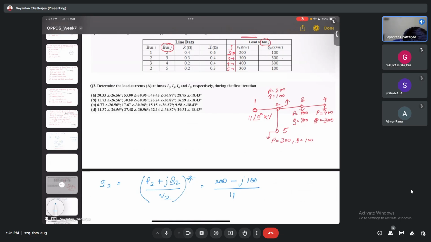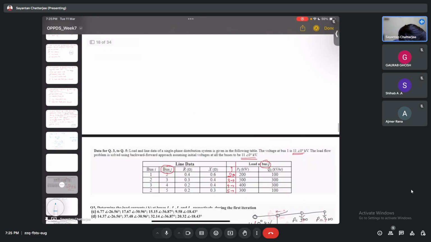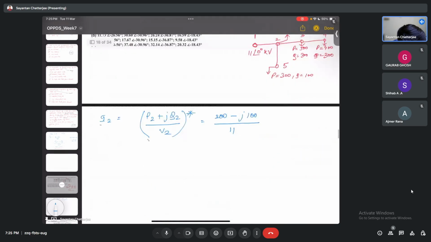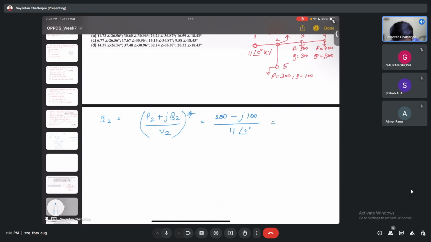All are in kilowatt and the voltage is also in kilovolt, so the K gets cancelled in the numerator and denominator, and we are left with 11 angle 0. The 0 has no effect. Already I have taken the conjugate of the numerator part, so I have written minus. So just calculate 200 by 11.